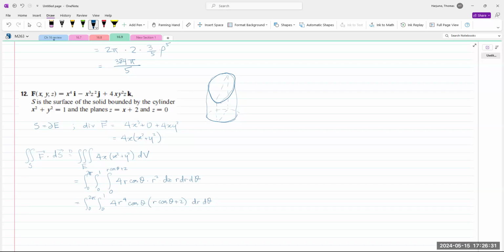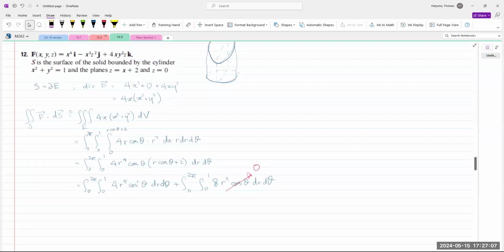If I split this, I will get the integral of 4r to the 5th cosine squared theta dr d theta plus the integral from 0 to 2 pi, the integral from 0 to 1 of 8r to the 4th cosine theta dr d theta. And you can see, because it's an integral from 0 to 2 pi of cosine theta only, that will go to 0.